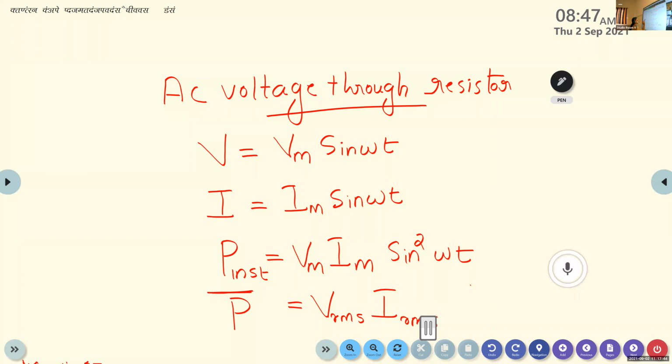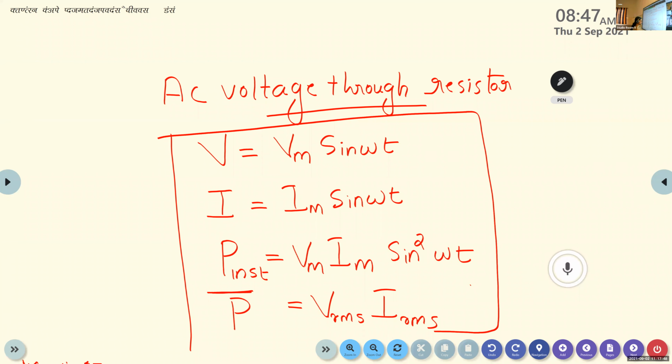So these are the final equations regarding the resistor when it is connected to an AC voltage source. The first one is the alternating source of EMF applied to a resistor, given by V is equal to Vm sin omega t. When we apply this to a resistor, it generates an alternating current given by I is equal to Im sin omega t.